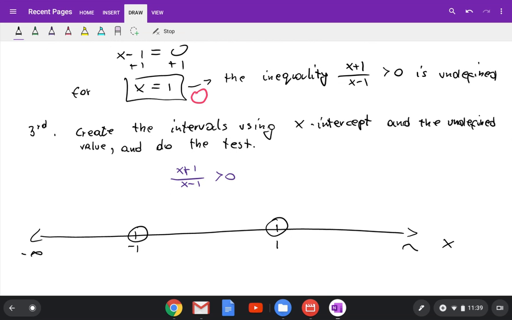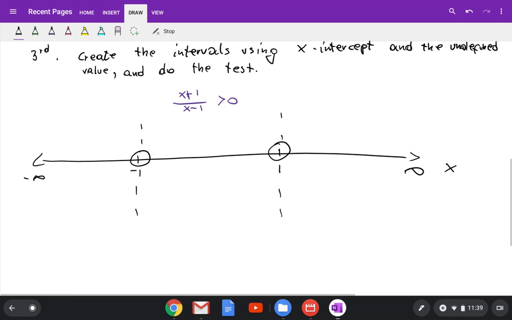Those two values divide the number line into 3 intervals, and our job is to check which intervals satisfy our inequality. The first one is from negative infinity to negative 1. The second interval is from negative 1 to 1. And the last one is from 1 to positive infinity.